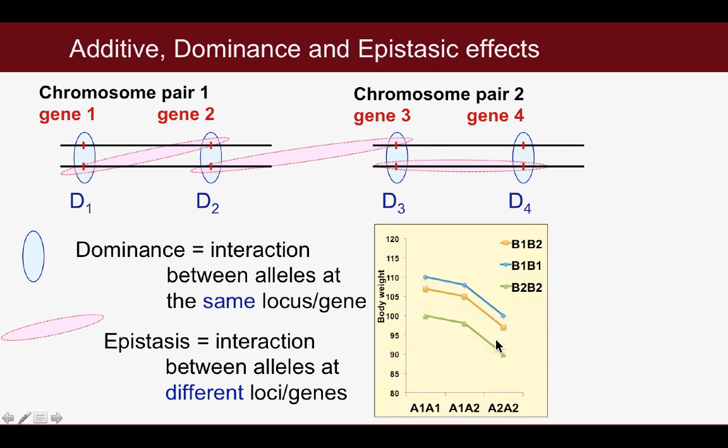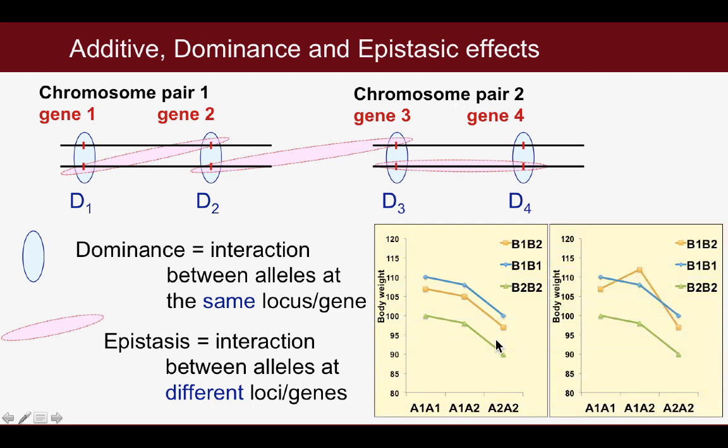Now, the graphs that I've shown here show examples of two pairs of loci, one without and one with epistasis. In the example on the left, we have two loci that show dominance because the average phenotype of the heterozygote is not at the midpoint of that of the two homozygotes. So it's not a straight line, it's a broken line.